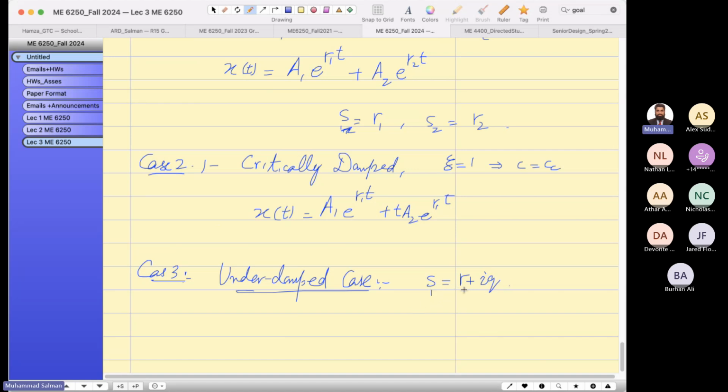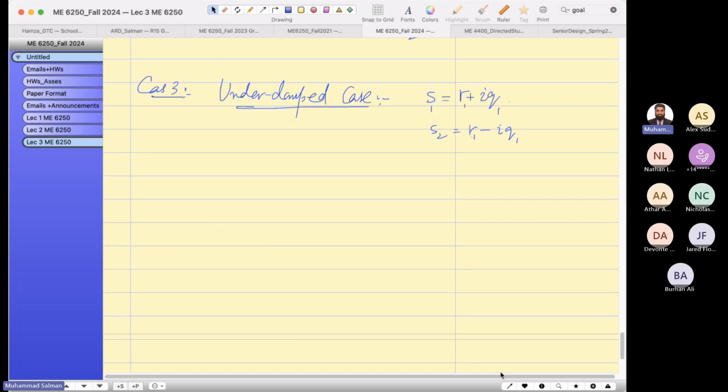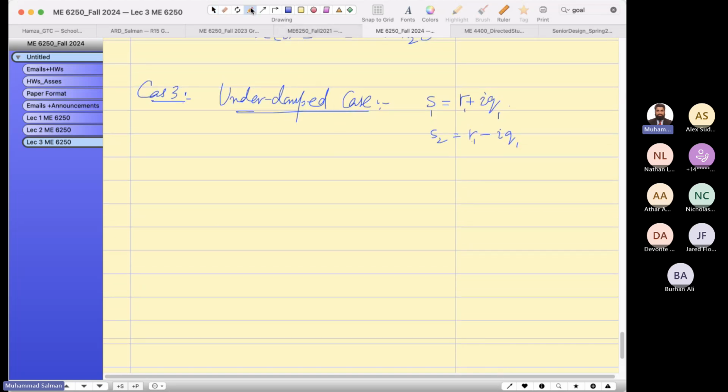I would say s1 is r1 plus iq1, and s2 is r2, sorry, the complex conjugate. R is the same. You don't need to write down the subscript for R1 because R1 does not change, only the Q values change. So let me write down the solution for this one.